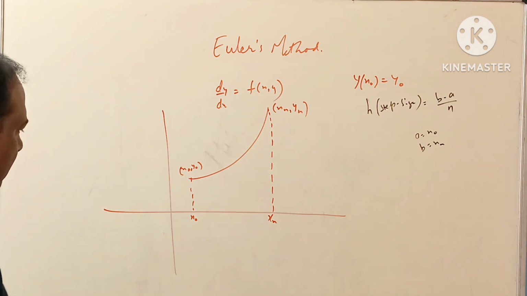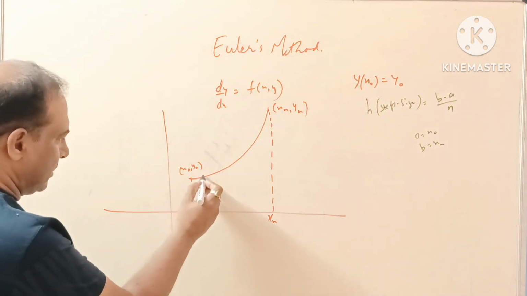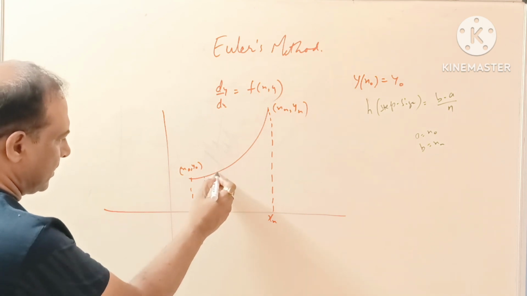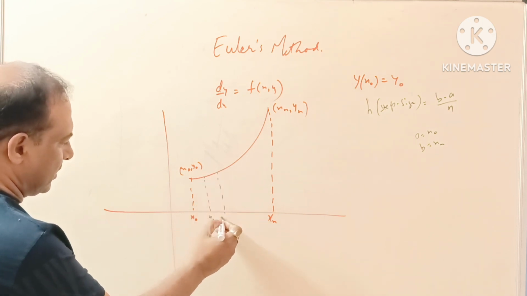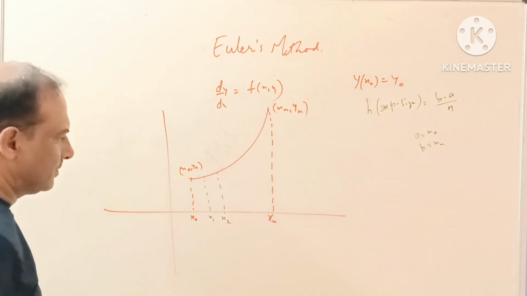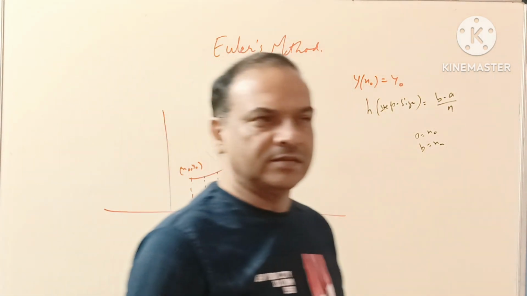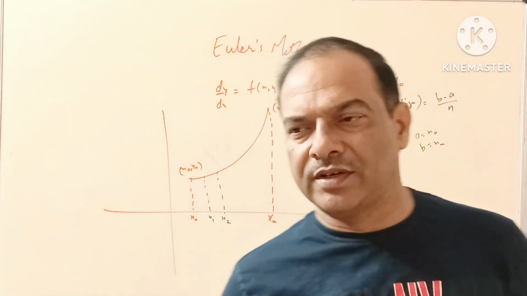Here we have x naught. At this point is x1. There is another point, and here this is x2. Now here this is xn, and x naught, x1 and x2.